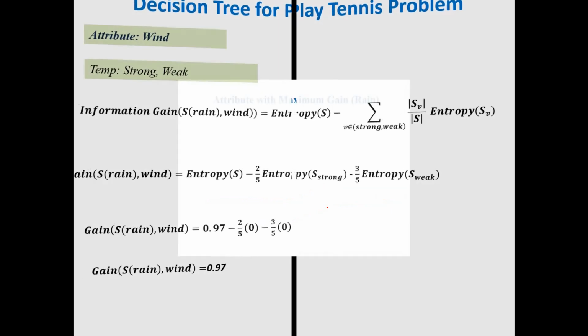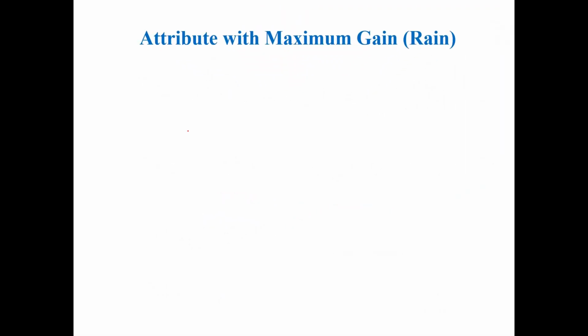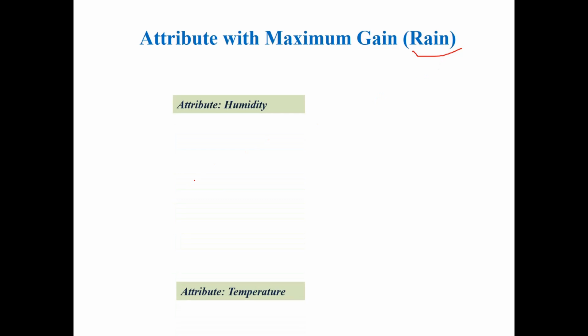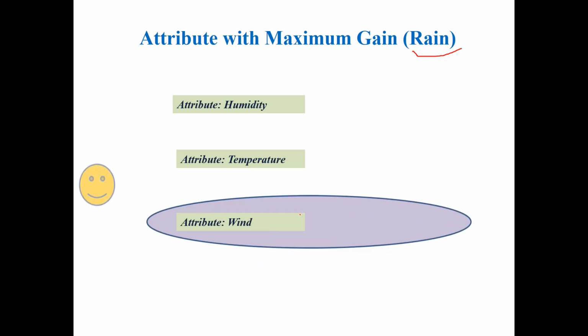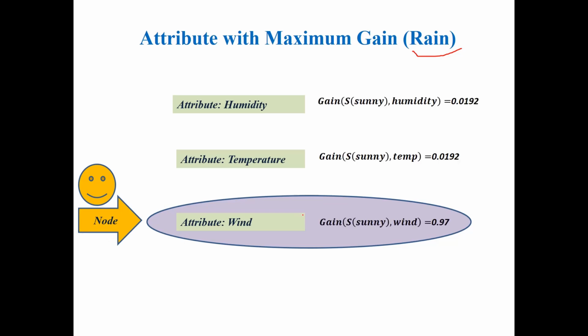Now the next part is we have to find the attribute of maximum gain over this rain value. So we compare the information gain of humidity, temperature and wind, and we observe that wind has the maximum gain of 0.97.